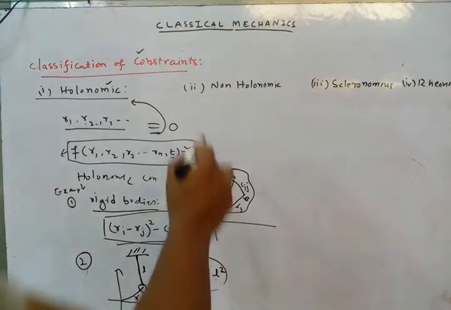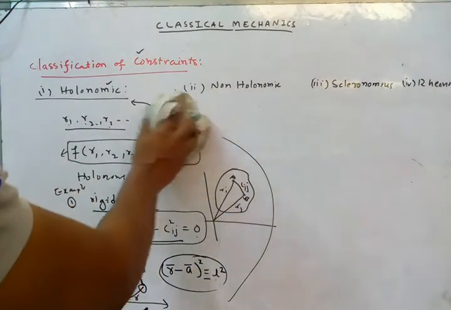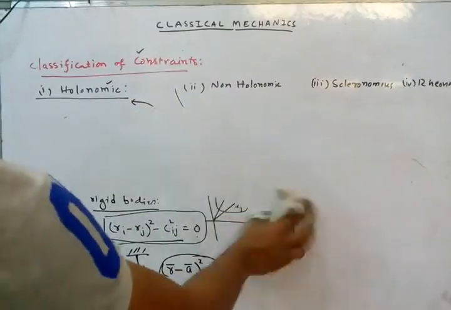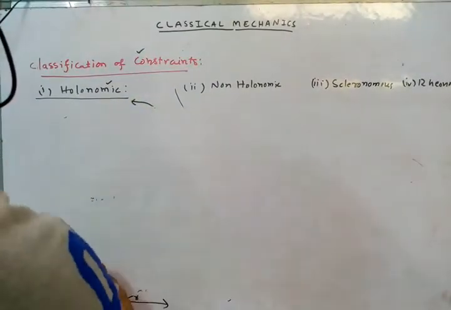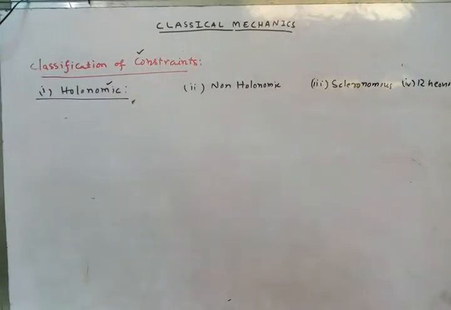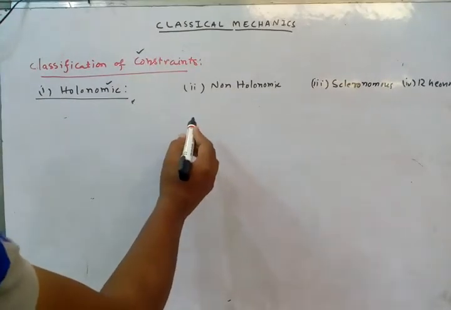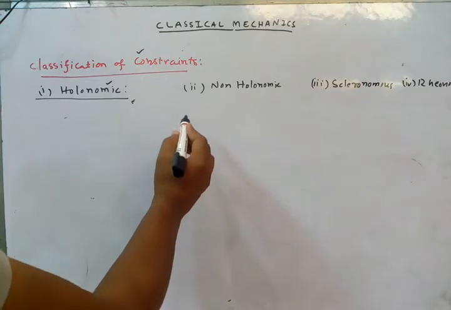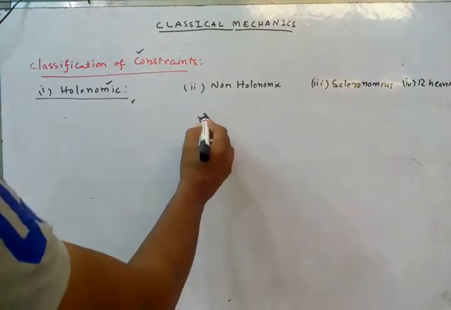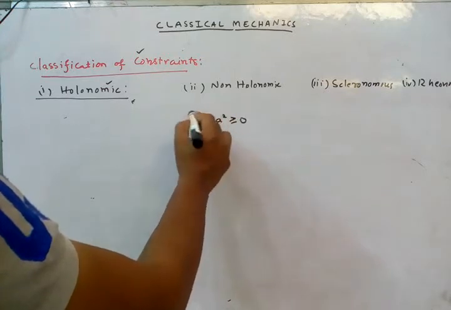Here we are moving to non-holonomic constraints now. What are non-holonomic constraints? Here the constraints are involved when a particle is restricted, for example r square minus a square greater than or equal to 0.